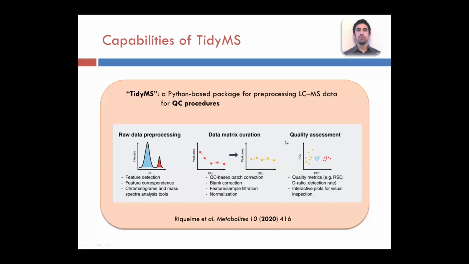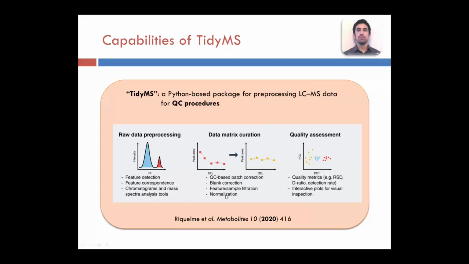As well, the package has a pipeline for data matrix curation, in which it's possible to perform quality control-based batch corrections, blank corrections, feature and sample filtrations based on thresholds or acceptance ranges determined by the user.